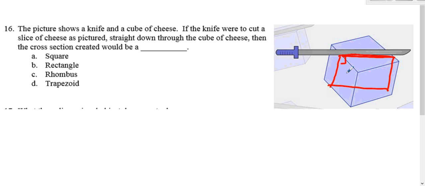Those sides are still right angles, even though it's a little bit strange looking, so that's a rectangle. It's not a square because the sides are squares, and that's a little bit longer than the side because they're going diagonally. And it doesn't look like a rhombus or a trapezoid, so.